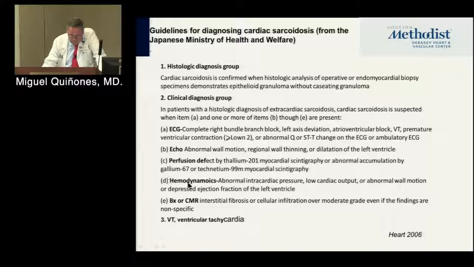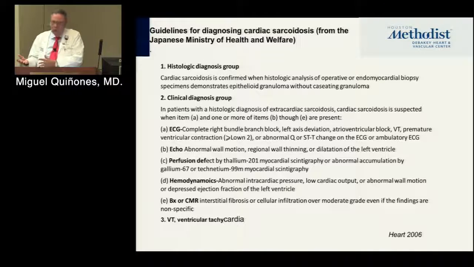And of course, if you do hemodynamics, they may have low cardiac output, higher pressures, and so on. So basically, it's either a structural or a hemodynamic involvement that you see, all of which are non-specific. So that's why they say, if you have known sarcoid and an EKG that you flunk, and you have one of those other findings, until proven otherwise, you have cardiac involvement. Okay?